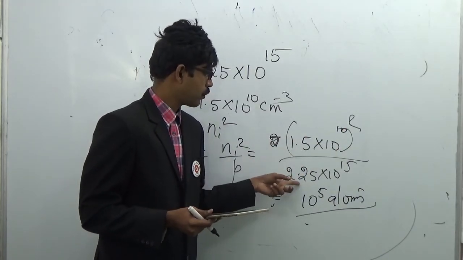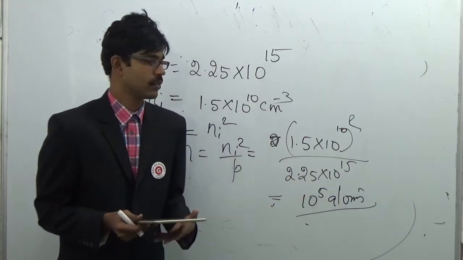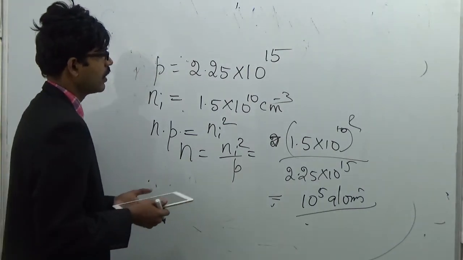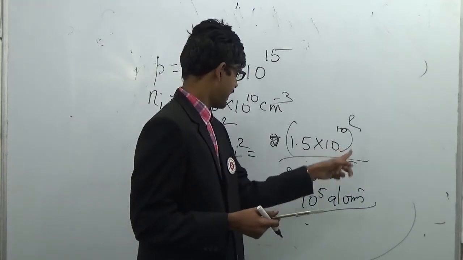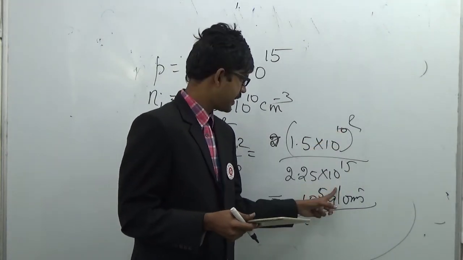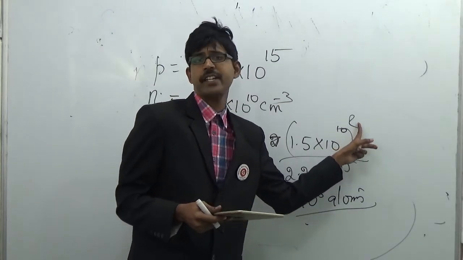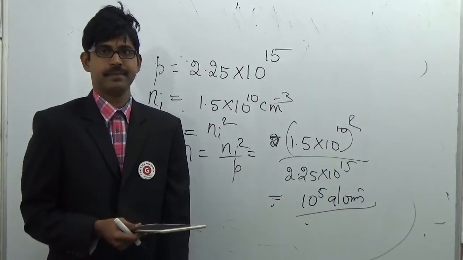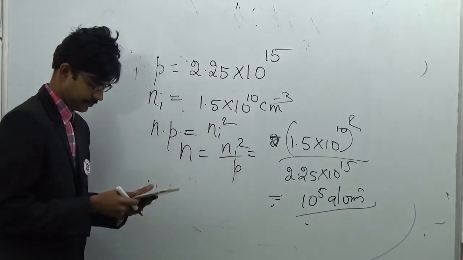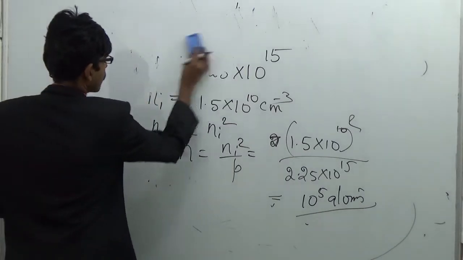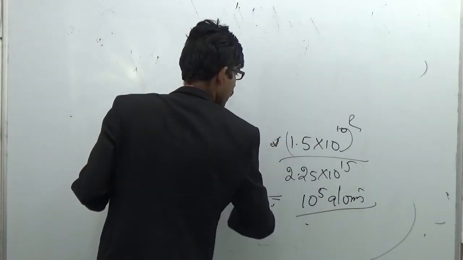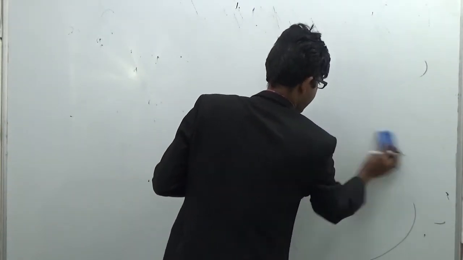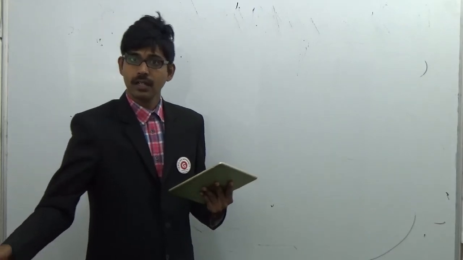So 2.25 is cancelled to 1. 10 to the power 10, the square is 20. This goes down, 20 minus 15, 5. Is that okay? Simple mathematics and simple formulas which will fetch you good marks. That's the beauty of semiconductor physics.